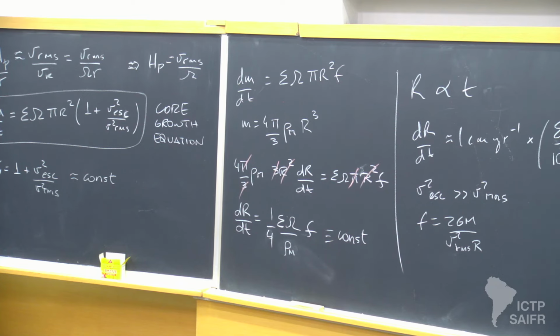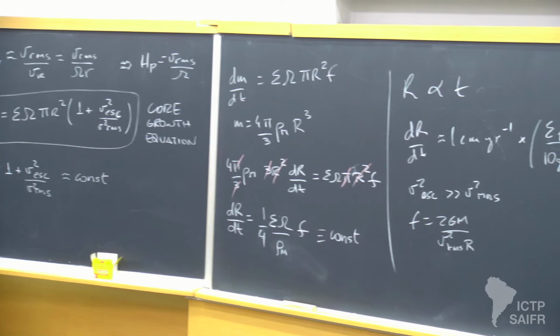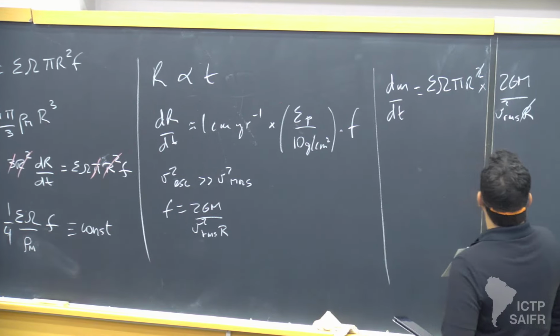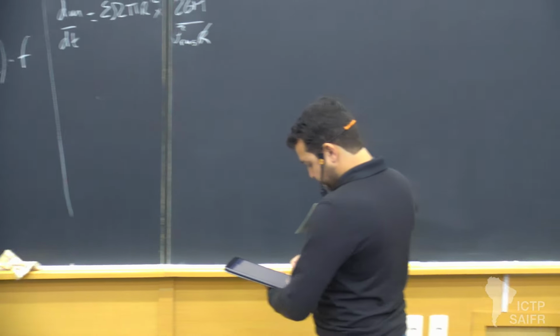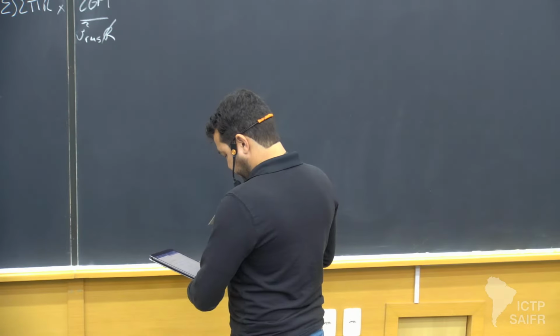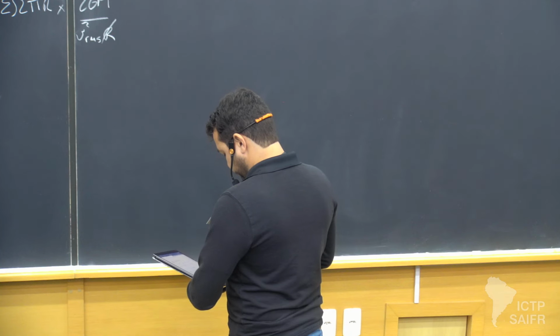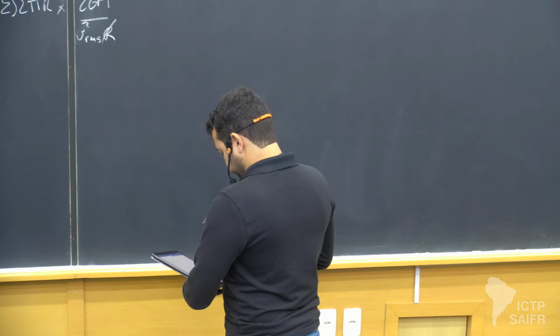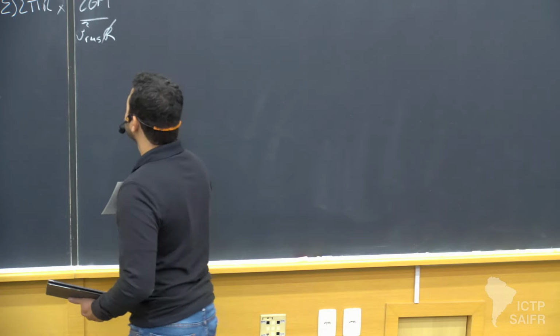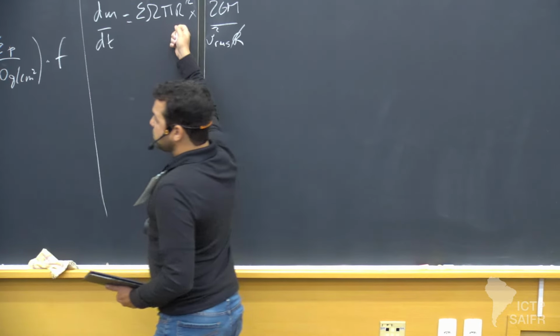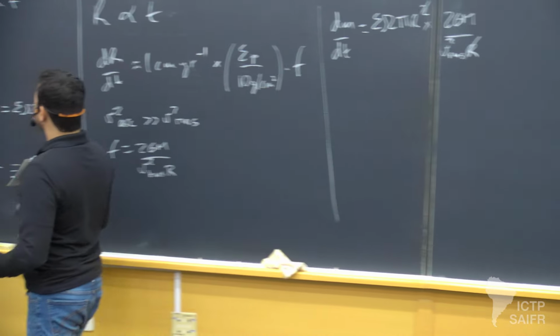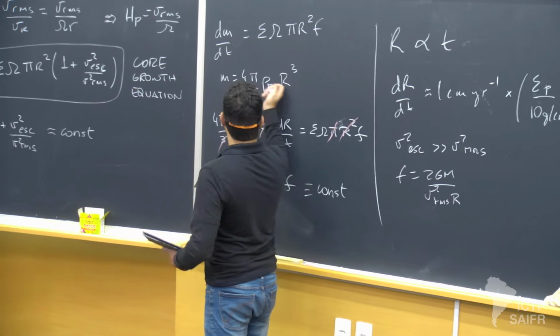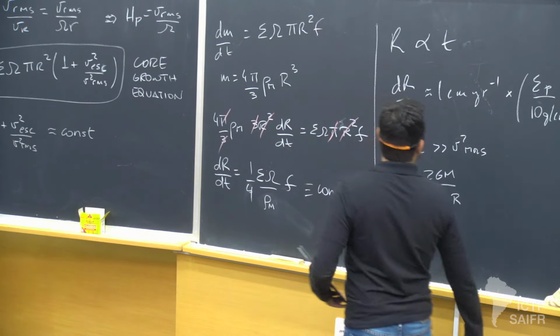Right. So let's cut these r's here. Right, so let's now substitute the r here by this equation. We can relate the radius to the mass, right?